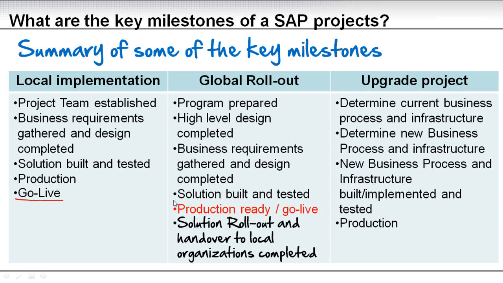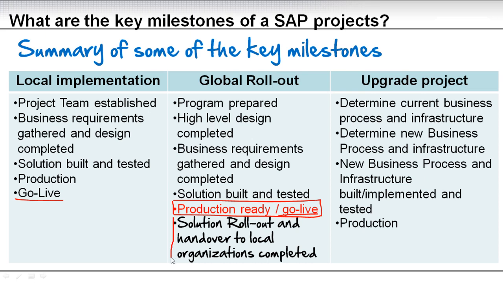In the global rollout, your end objective is you have a solution built and tested that is production ready. Now, for the proof of concept locations, yes, you will have a go live, but for all the rest, you have a validated solution.